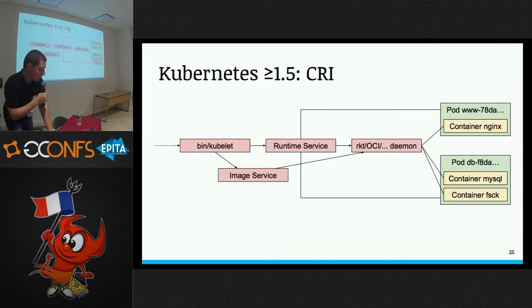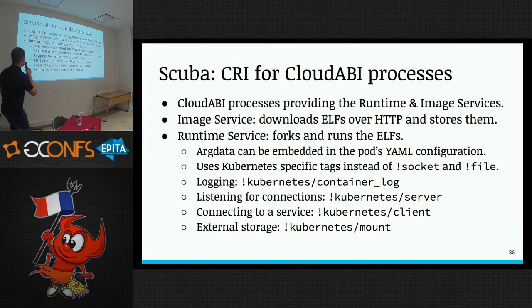So what I decided is to make use of this Container Runtime Interface feature to add support for CloudABI. I've written a couple of daemons collectively called Scuba. Scuba means secure Kubernetes. It consists of two separate processes, namely a runtime and an image service, written as CloudABI processes.